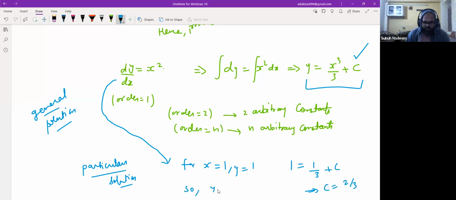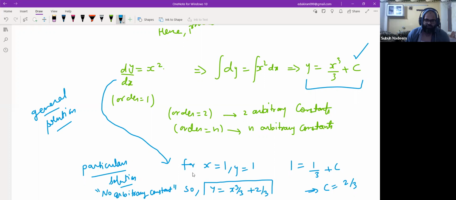So the equation will be y is equal to x cubed by 3 plus 2 by 3. So in that case, there is no arbitrary constant. If there is a particular solution, then no arbitrary constant, whether it is of first order, second order, third order, because we get the value of the arbitrary constant and we put it in the equation. Are you getting this?